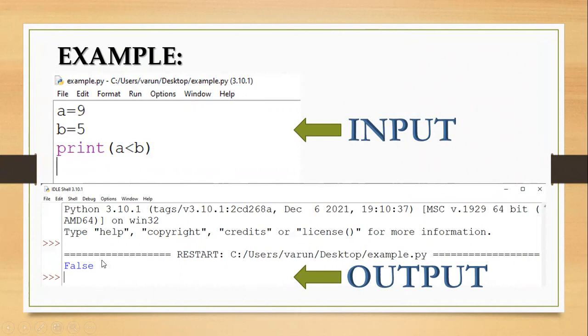Here the output returns false because a is greater than 5, but it's the less than operator, so it's false.